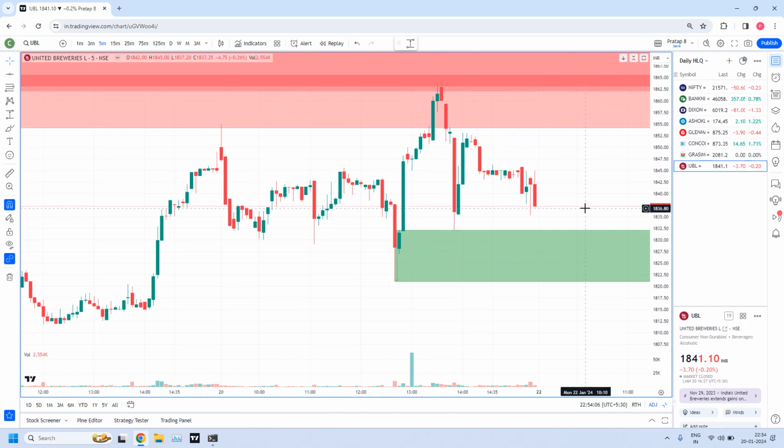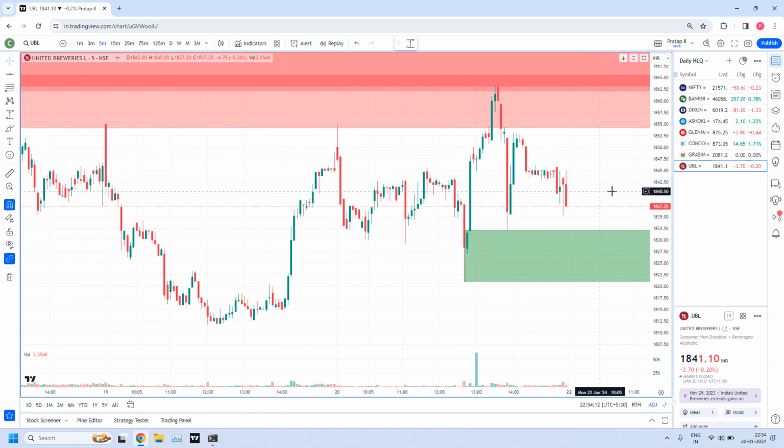So these are the high liquidity zones what we generated from our yesterday's report. Now let us generate demand and supply zones as per today's data.